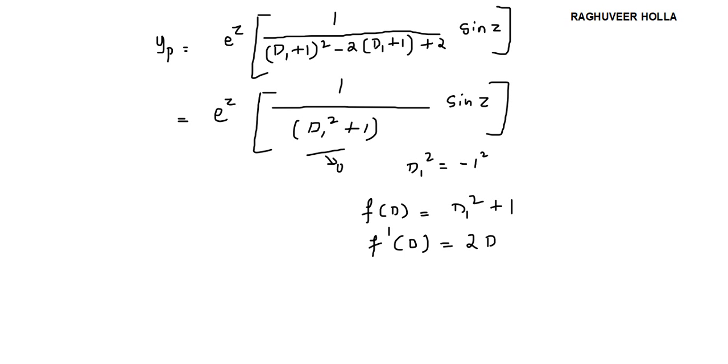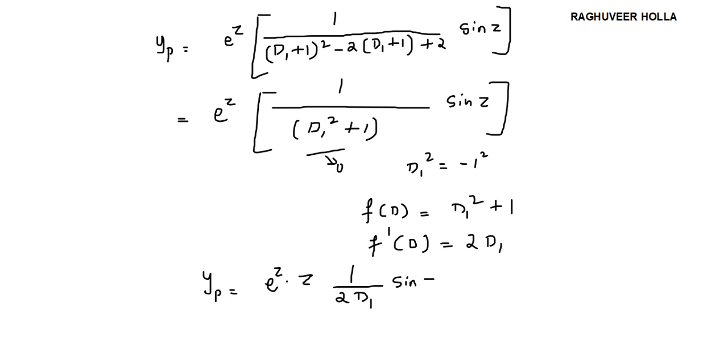So you get yp is equal to, now when you are doing that, you have to multiply with z. So e to the power of z into z, and I'll have 1 by 2D1 of sine z.